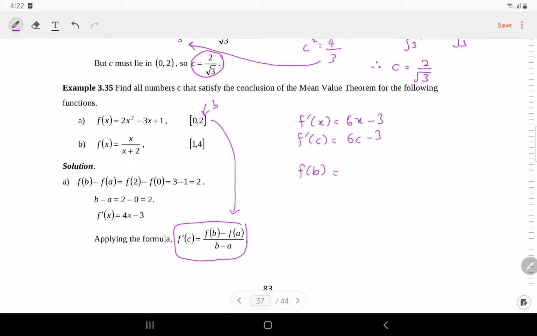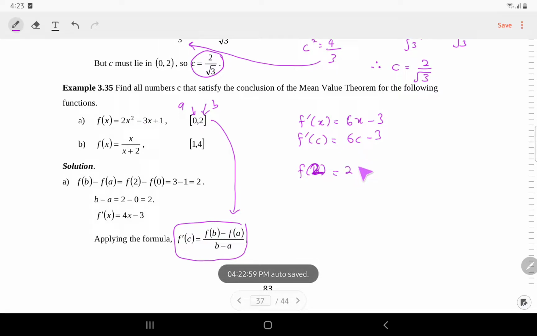Okay, this is our b and this is our a. Okay, fb means f2. Ini bukan f prime tak ada prime, so we need to insert 2 into this function. Not this function, because this function is for f prime. So kat sini kita nak cari f2, bukan f prime 2.